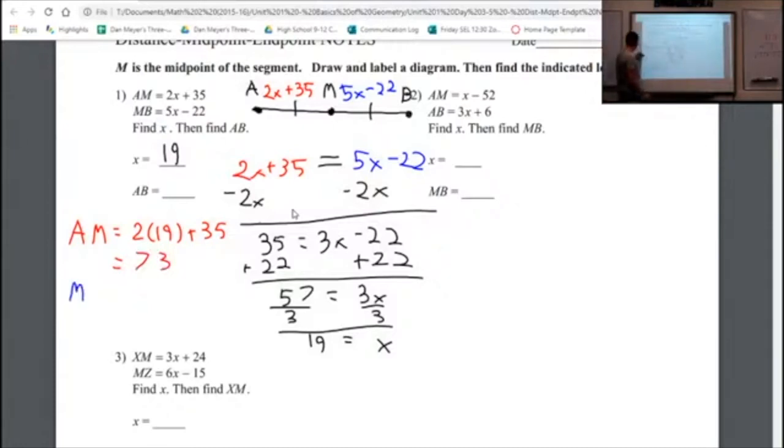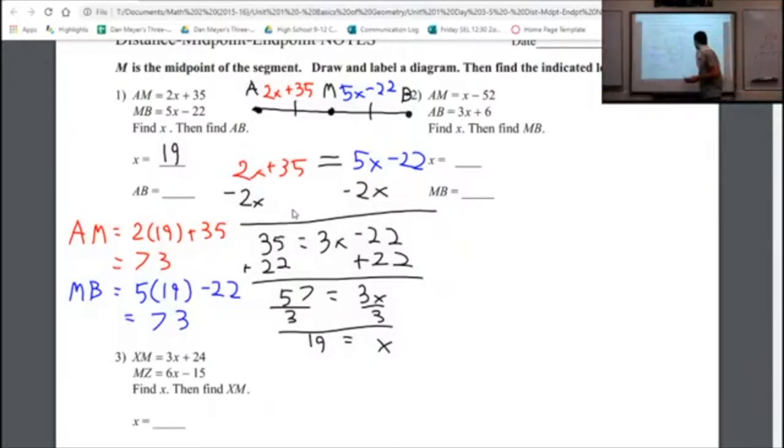And then M to B should work out to be the same, hopefully. That is 5 times 19 minus 22. That's 95 minus 22 is 73. So that's how we know we have the right answer, because these two work out to be the same.